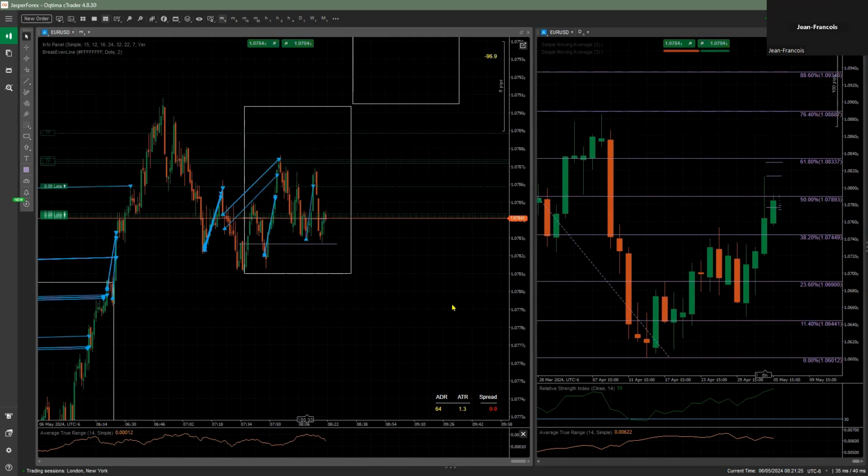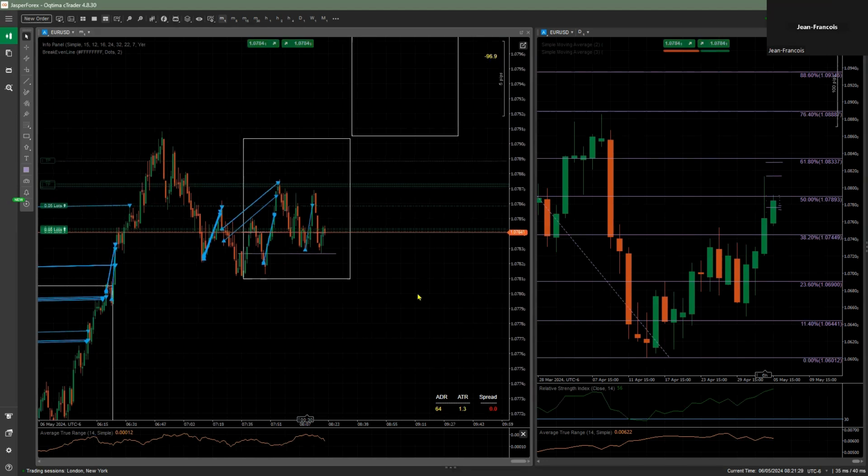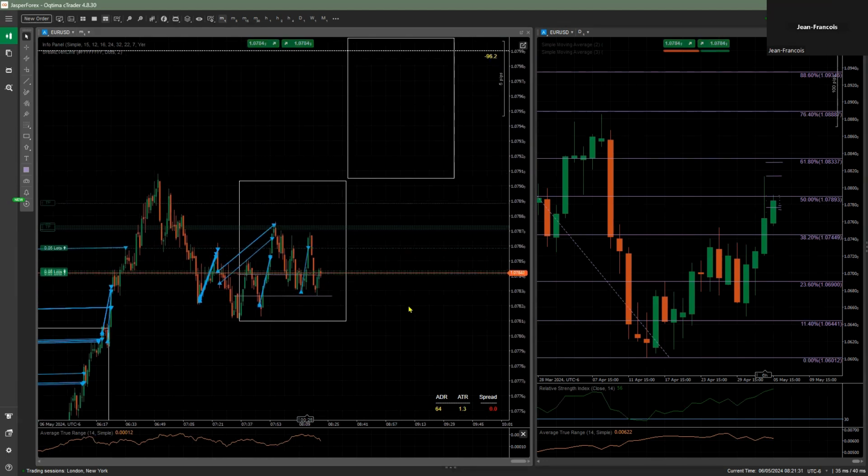Almost feels like we're disconnected. The bars have shrunken. Everything's just crawling now.